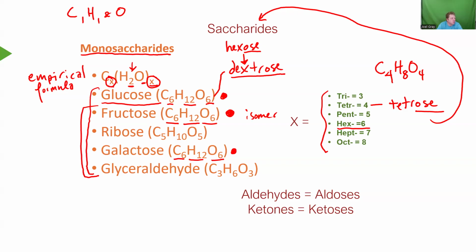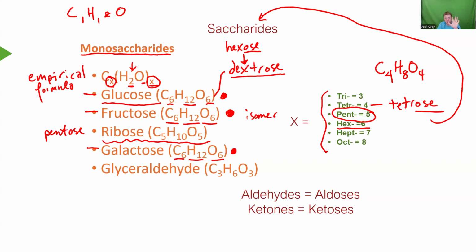Okay, so if we look at our other sugars that are listed down here, we've got glucose, fructose, and galactose, which are all hexoses. Then we've got ribose. How do we classify ribose? Well, it's got five carbons, so that would be an example of a pentose.